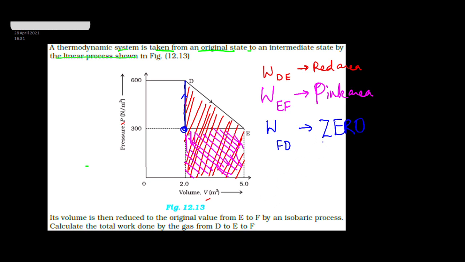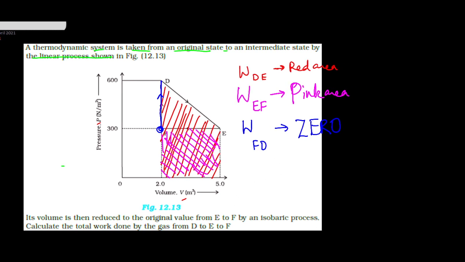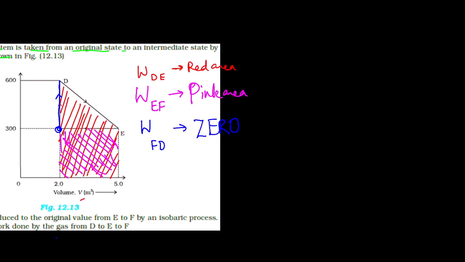Okay, now this is where we come to the concept. Now suppose someone says find work done in the whole cyclic process. Even though this question doesn't say cyclic process, I am explaining the concept.